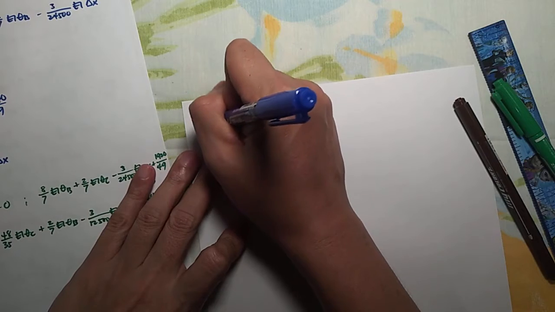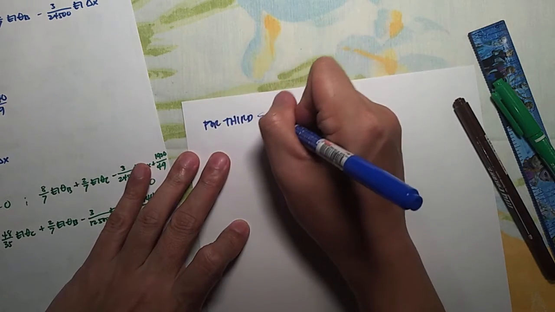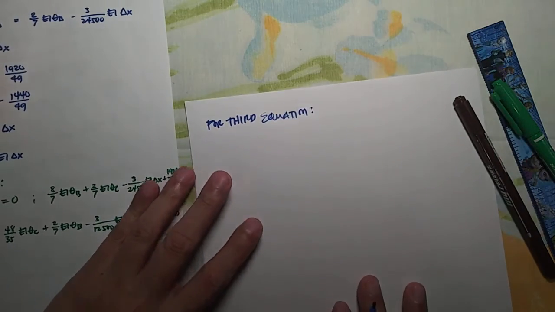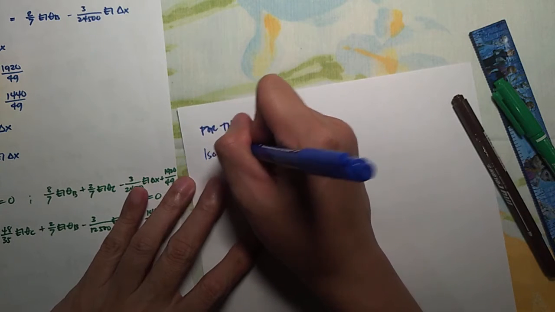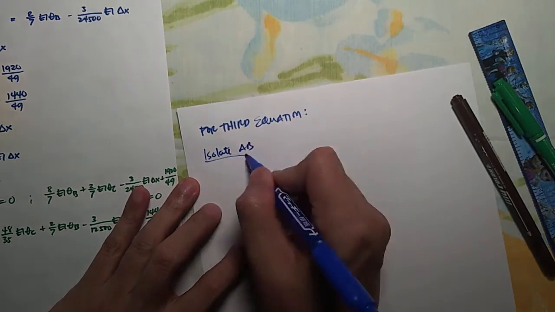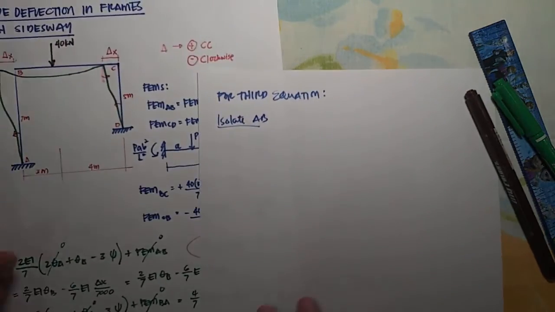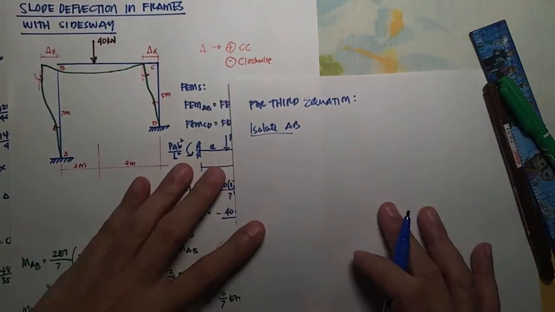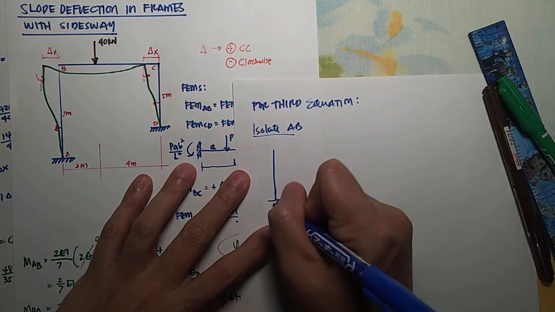Okay, so for the third equation, so this is for the third equation. So let us isolate member AB. Okay, so looking at member AB here. So here is member AB. Okay, so fixed.